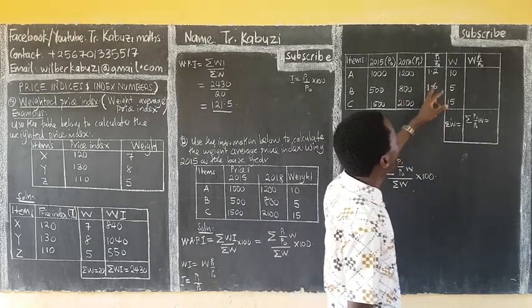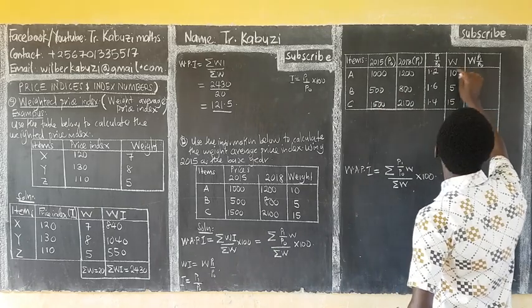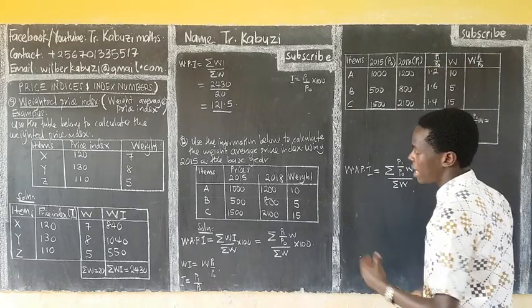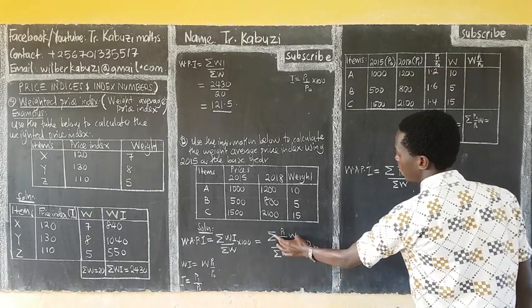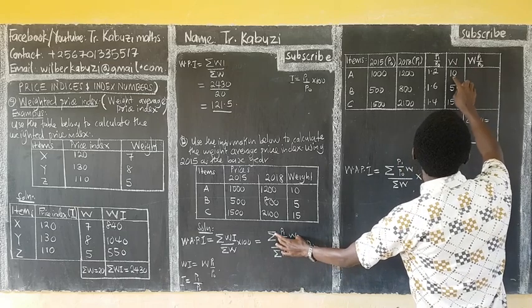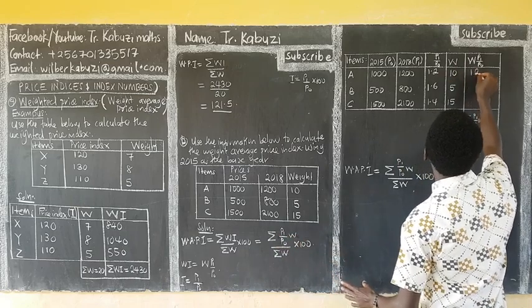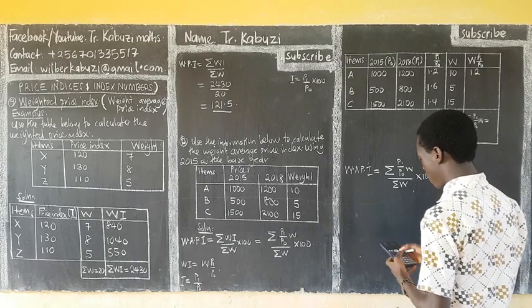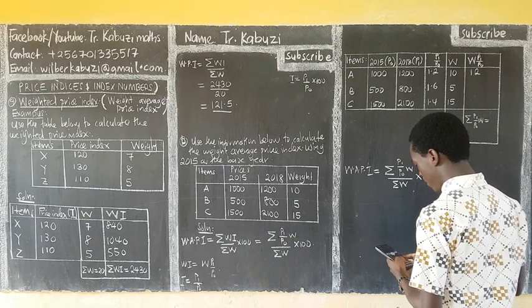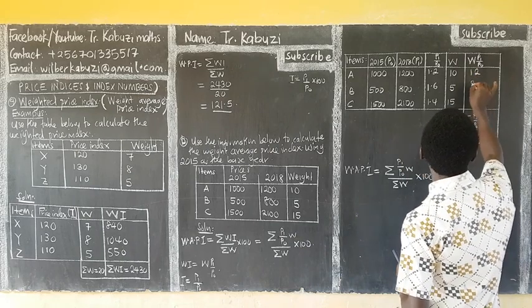Then we multiply this times this, because we need W times this. This times this, I get 12. Then 1.6 times 5, I get 8.